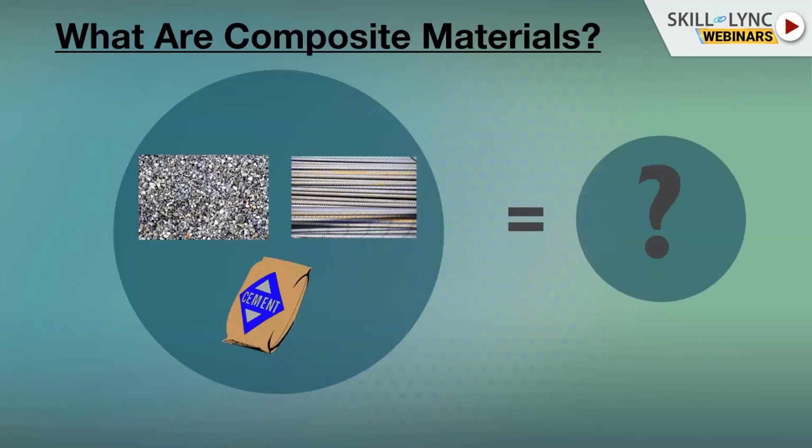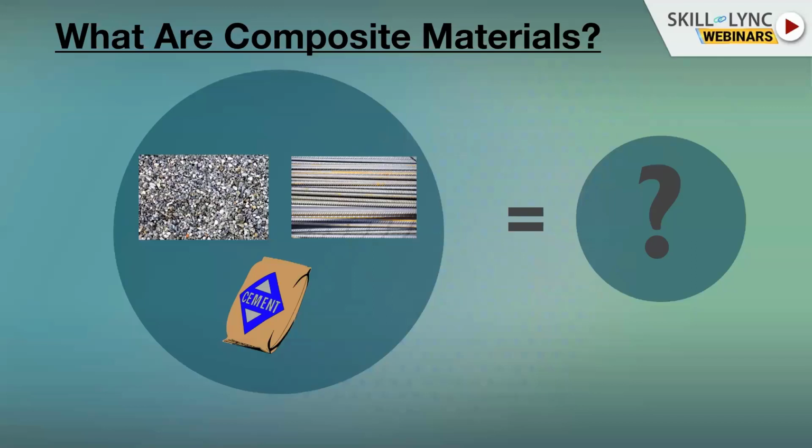So the basic concept of composites is a combination of two or more dissimilar materials which, when combined together under a controlled environment, give us a product which has unique properties and has enhanced properties compared to the constituents. For example, as you see on your screen, we have a classic example of reinforced concrete.